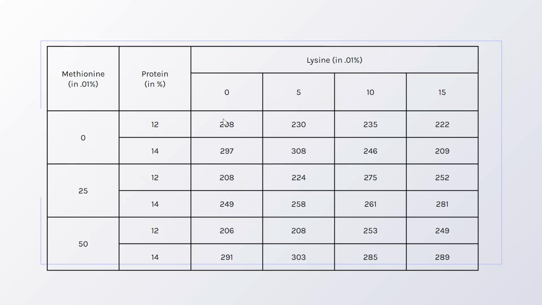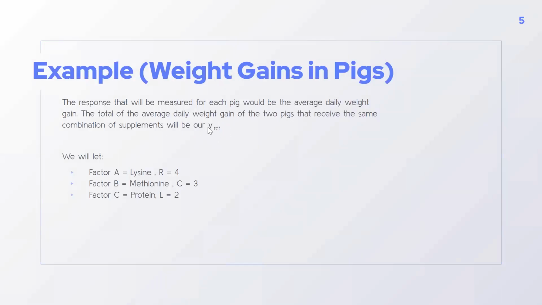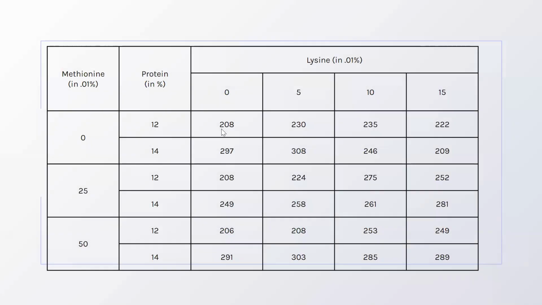So parang ito po yung each cell. Ito pong y sub RCL. Itong mga to, ito yung mga y sub RCLs po natin. And dependent po siya kung anong levels ba, kung ano ba siya sa factor A, sa row, ano ba siya sa factor ng protein, ano ba siya sa factor ng lysine.